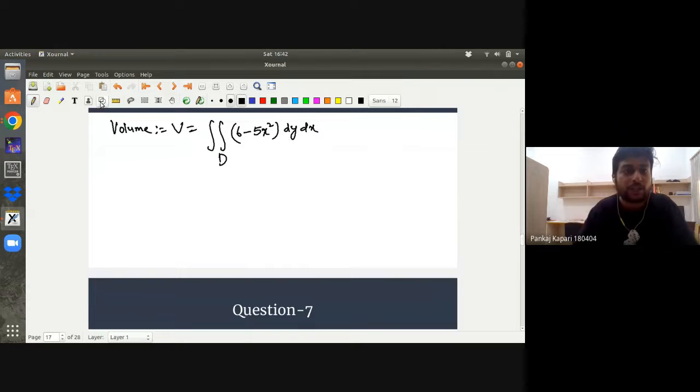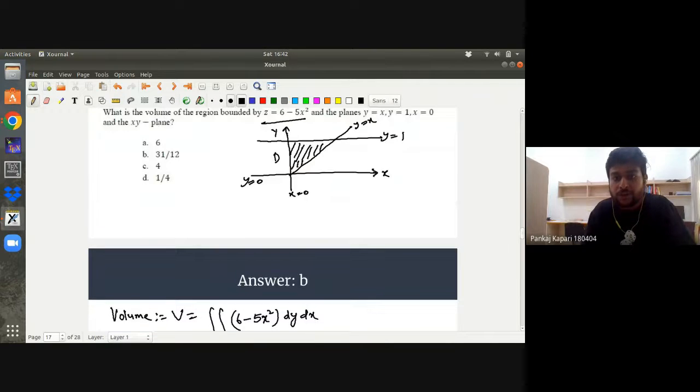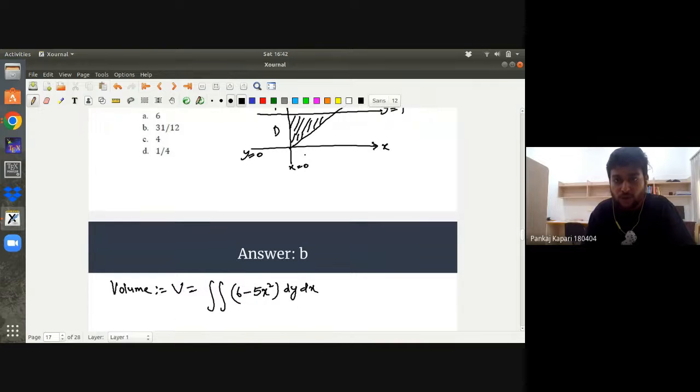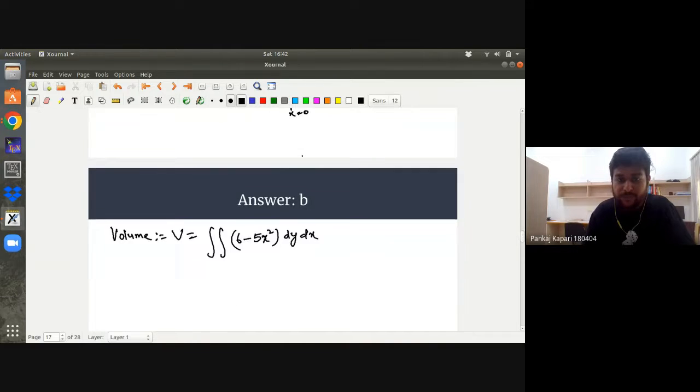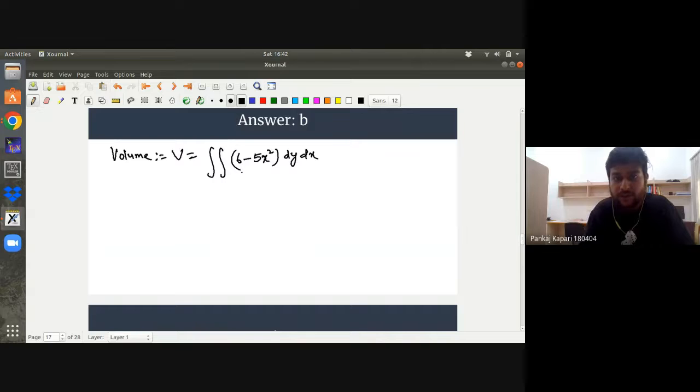For this domain we'll put the limits of x and y. Note that we can integrate first with respect to y or first with respect to x; it doesn't matter. Let's first integrate with respect to x, and then with respect to y, so dx and dy.